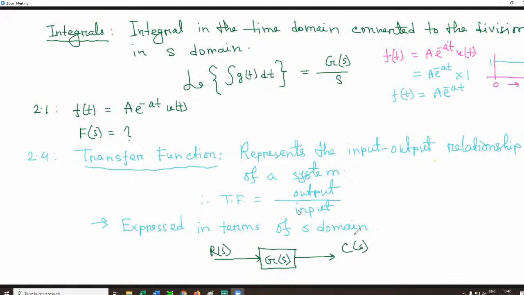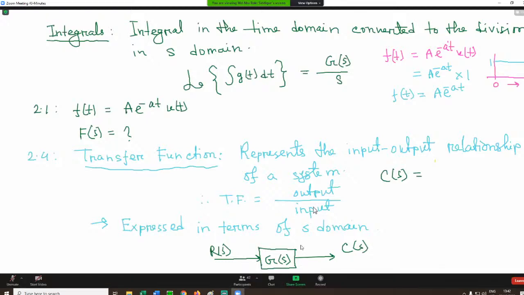Now, can you write the equation of C(s) for this diagram? Anybody? R(s) plus G(s), sir? Not plus.